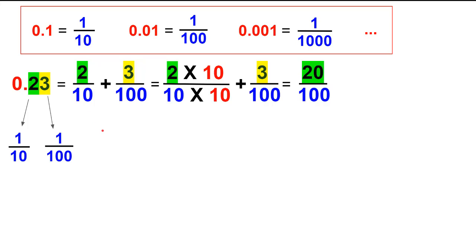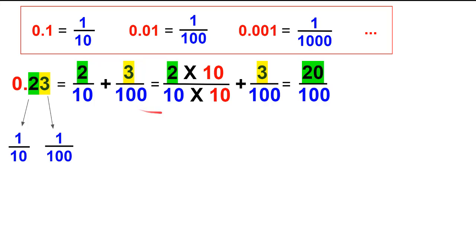Again, if you perform the same action on the numerator and on the denominator, you don't change the value of the fraction. That applies to both multiplication and division. So we multiply them both by 10 and we didn't change the value of the fraction.